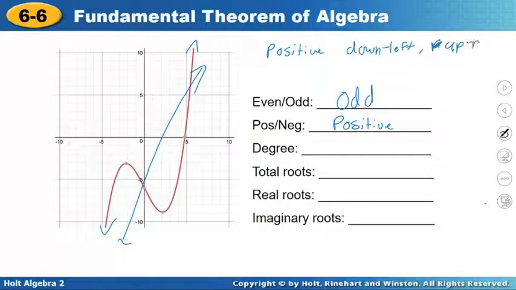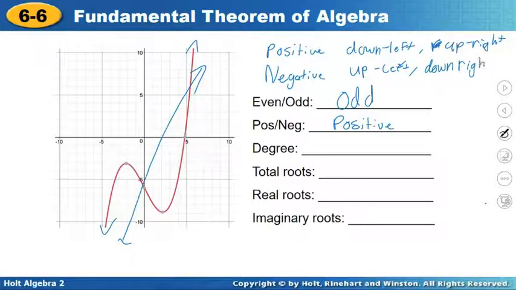It's going to be negative if it's the opposite. So a negative one would be going up on the left and down on the right. Okay, so that's how you can tell. This one's going down on the left, up on the right, hence it's positive.